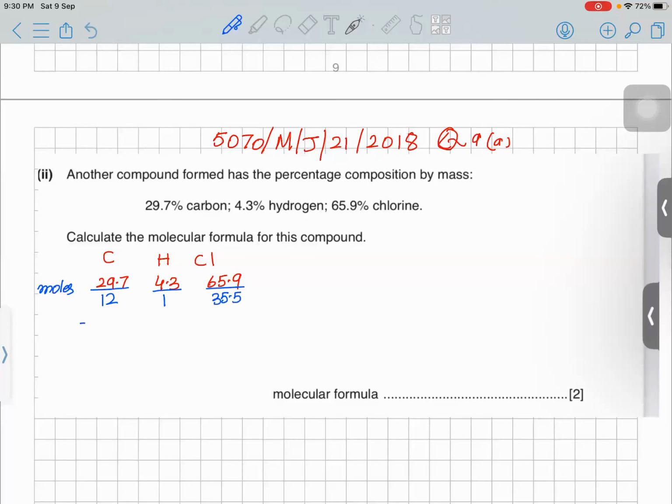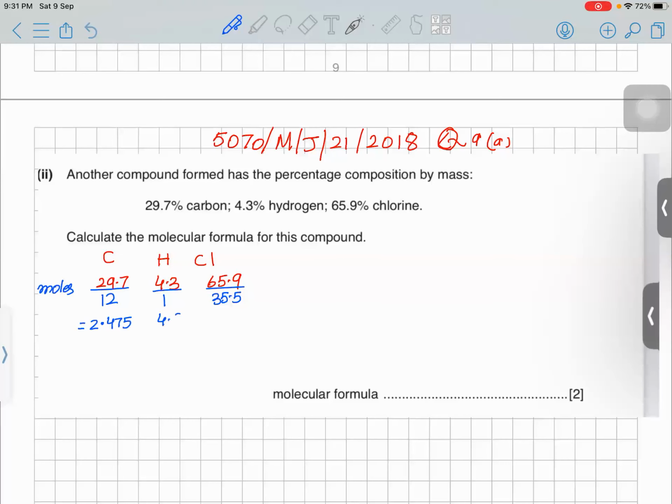Now tell me the answer when you divide 29.7 by 12. What will you get? So you get 2.475.